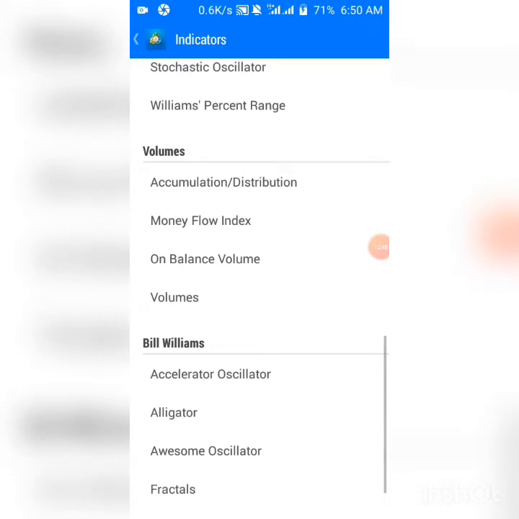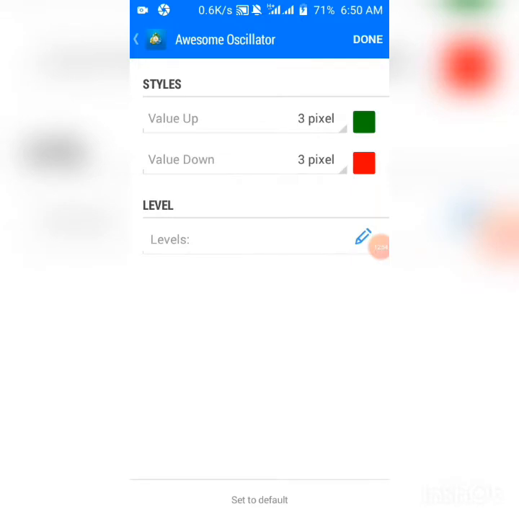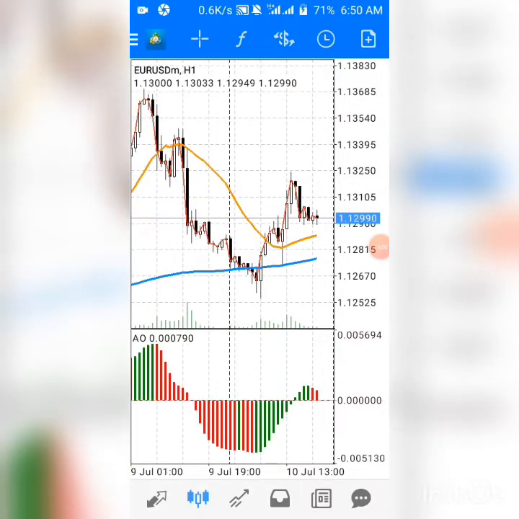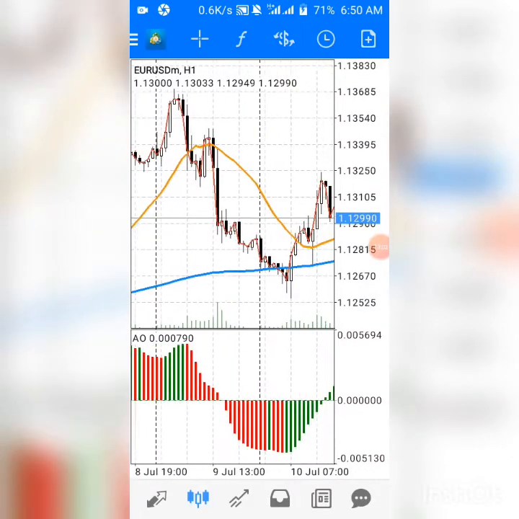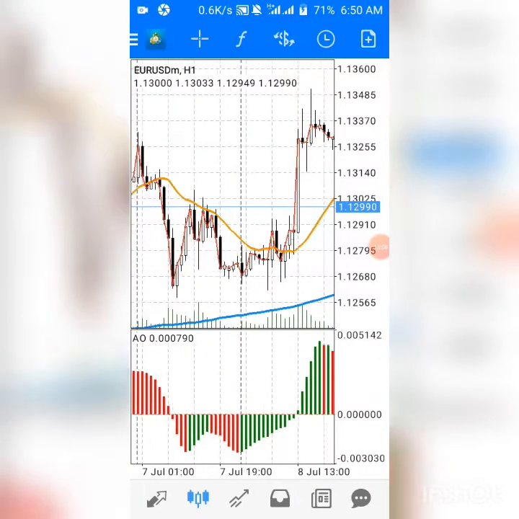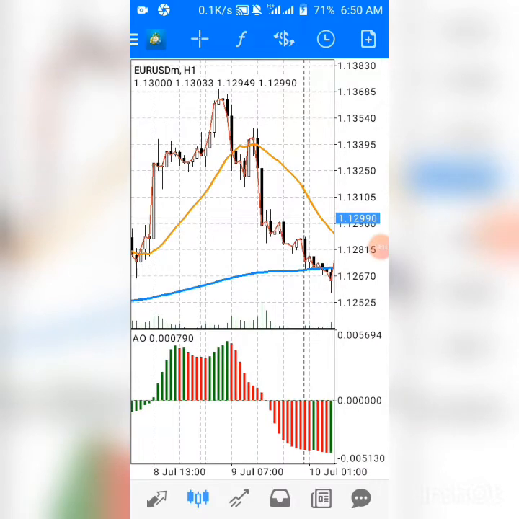The awesome oscillator is at the lower point here. Let me tap on it and add it to the chart, to further give me a guide on how to trade. Now that's the indicator section.